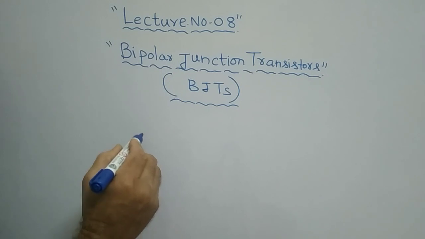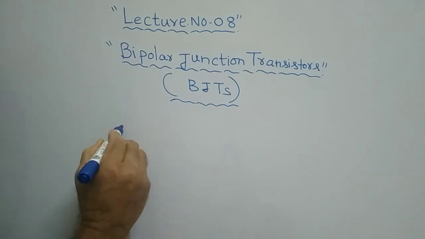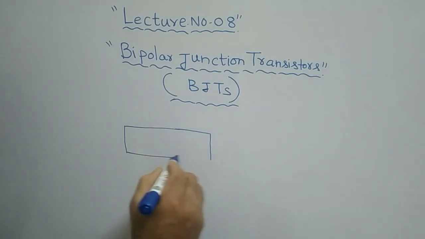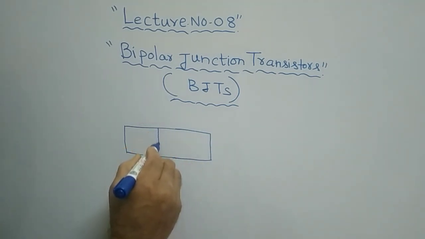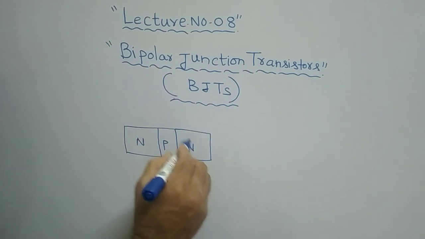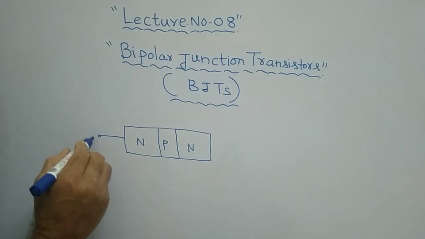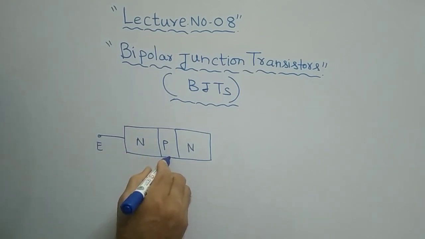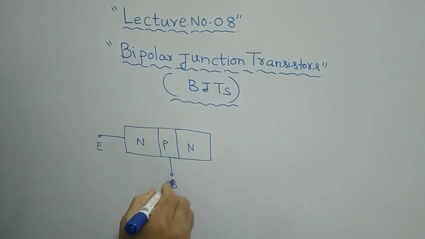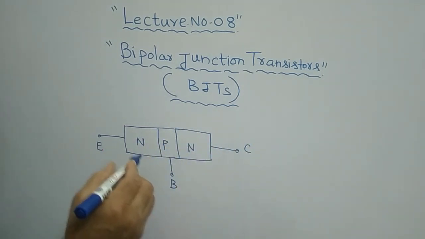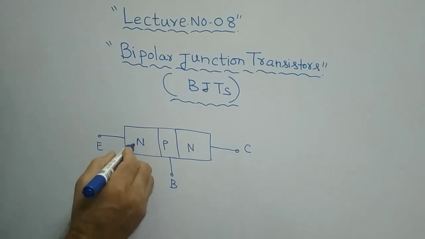Always remember that for an NPN transistor, the layers are N, P, N. This terminal is the emitter, the middle one is the base, and the right portion is called the collector terminal.